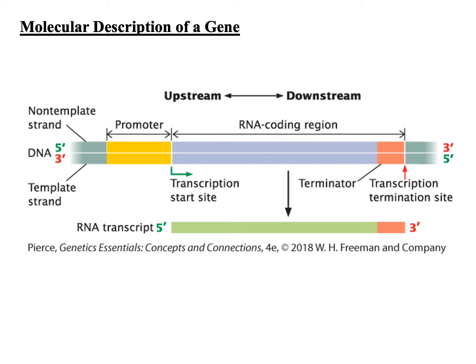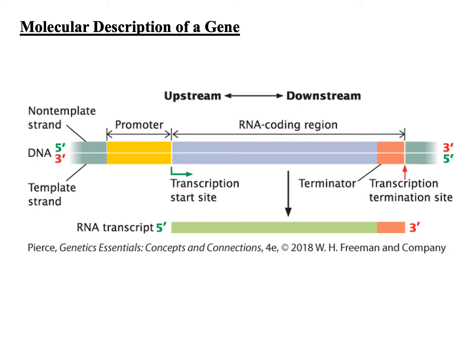What you can also see in the yellow block is what's referred to as a promoter. And a promoter is a specific set of sequences that allow for the initiation of transcription to begin. This is the site where the enzymes involved in transcription bind and begin the transcription process of this particular gene.